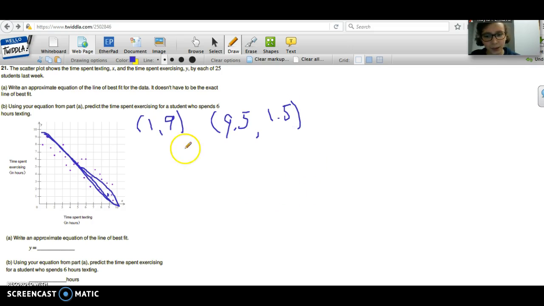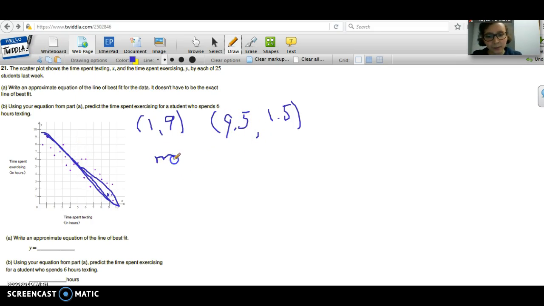So I've estimated 2 points that are on my line of best fit. The only thing some people have been getting wrong is that if you draw your line of best fit here, you don't want to pick this point because it's not on your line of best fit. So pick 2 points that are on your line of best fit. Then you have 2 points, so you can estimate the slope.